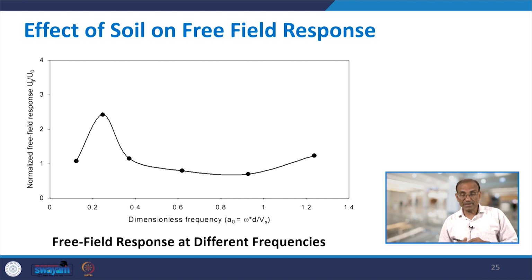You get a peak value at some particular frequency, and after that it starts decreasing. So, this is the effect of SSI on free field response, that means there is no pile or foundation in the soil.